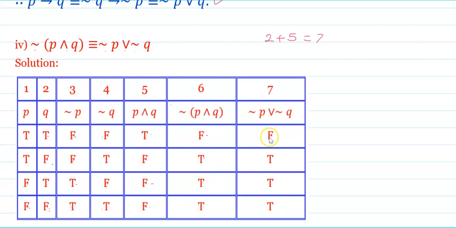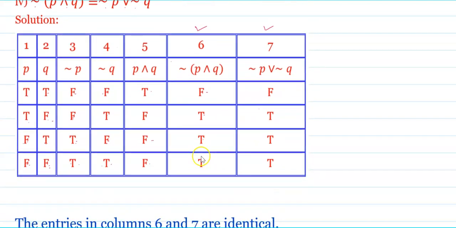F or F is F, F or T is T, T or F is T, T or T is T. And if we observe, column number 6 and 7, these two are identical, and hence the given statement pattern is equivalent.